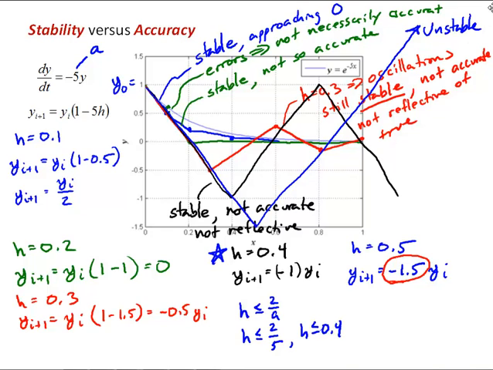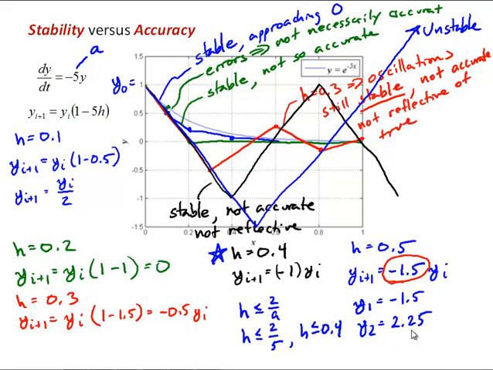The error is growing large as we move forward in time. y1 would be equal to negative 1.5 times 1. y2 would be negative 1.5 times negative 1.5, or 2.25.